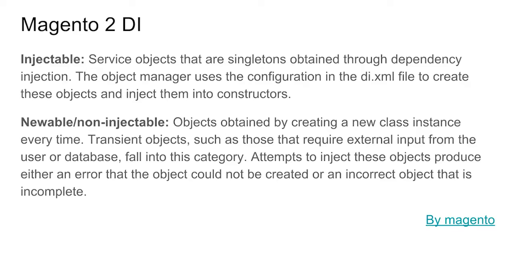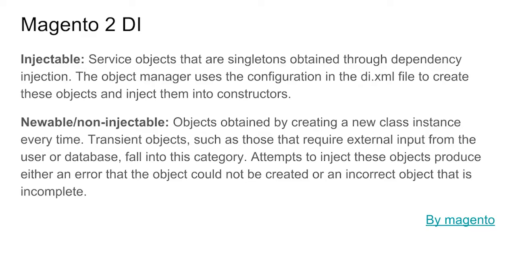Those objects are obtained by creating a new class instance every time. Why do those objects need to be created every time? Because they require some input, whether from an HTTP request or some data from the database, which is required to instantiate the object.